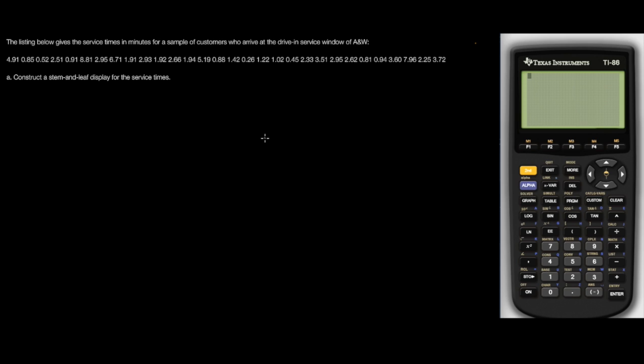So before we get started, the very first thing to do, which is very important: number one, always, we have to order our data. What I mean by this is simply to put it from smallest to biggest. So let's go ahead and do that.